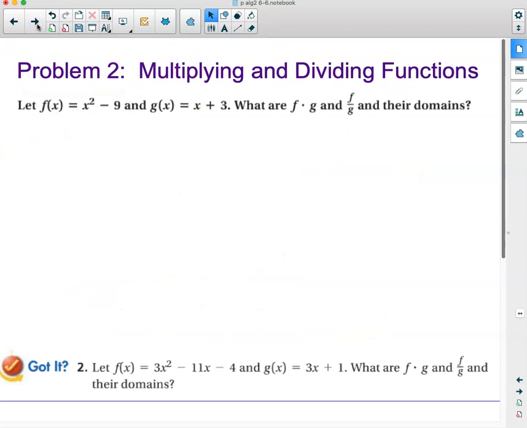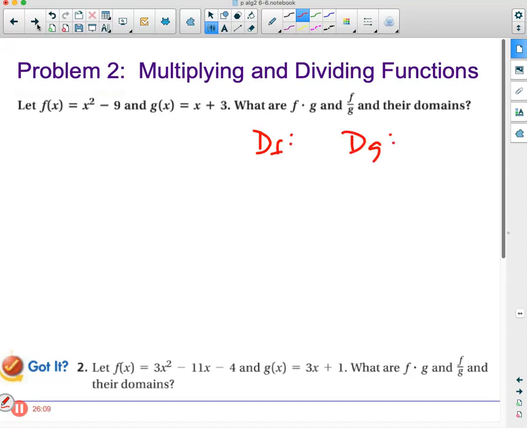The second problem says we're going to multiply and divide functions. Okay, let f of x equal x squared minus 9, g of x equal x plus 3, order f times g and f divided by g and their domains. Start at the end. Let's look at f.